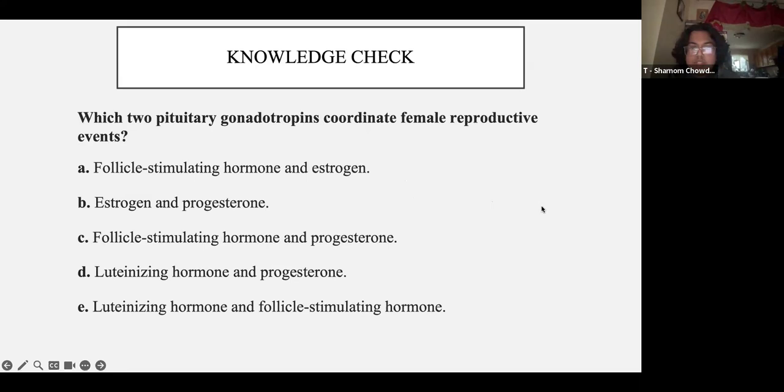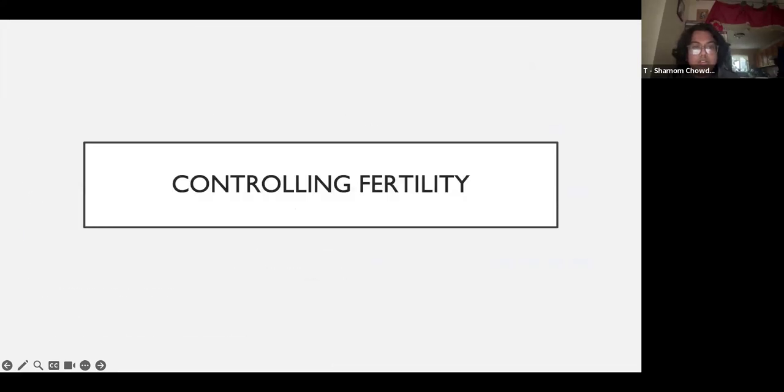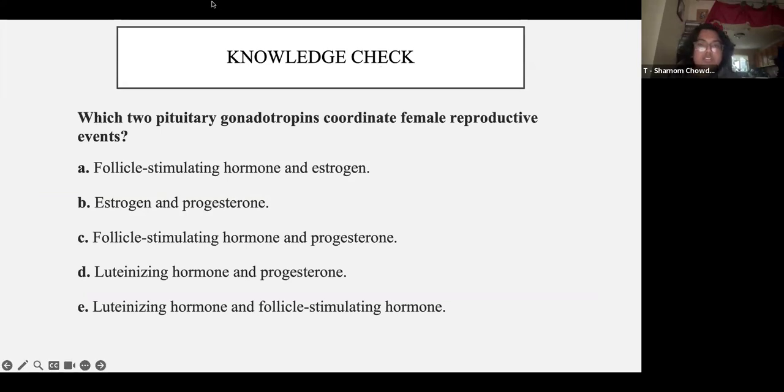Someone said E. Oh, sorry, the correct answer is E, luteinizing hormone and follicle stimulating hormone, because they're pituitary gonadotropins from the pituitary gland.